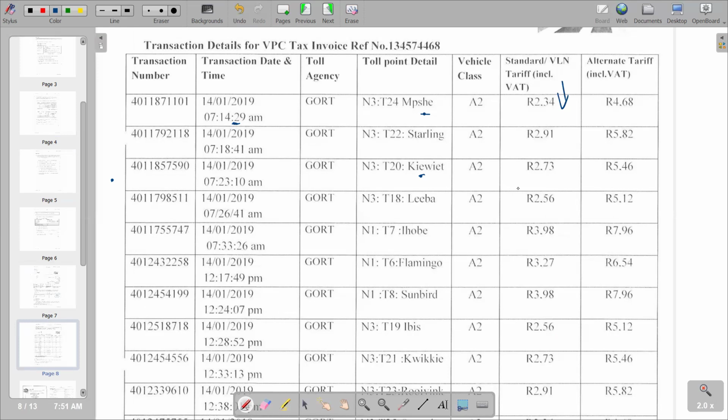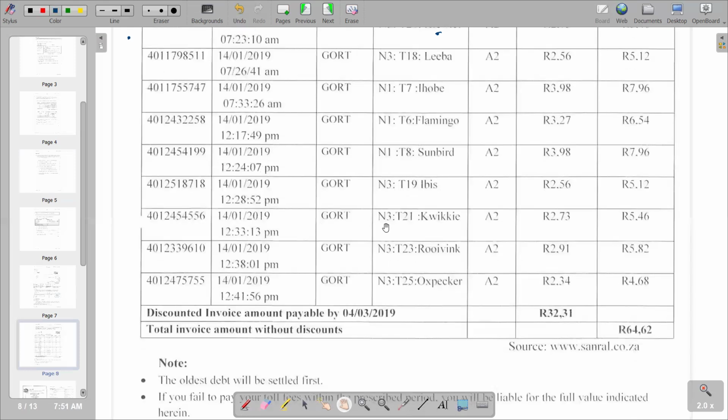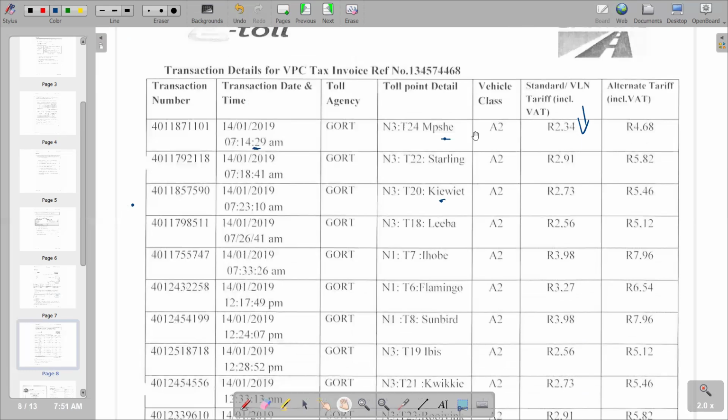We see that our next page is continuing. So we've got 2.34. We have seen that we've got 2.34 here for Ox Packer. So if you move up again, you see that we've also got 2.34 for Musfe.